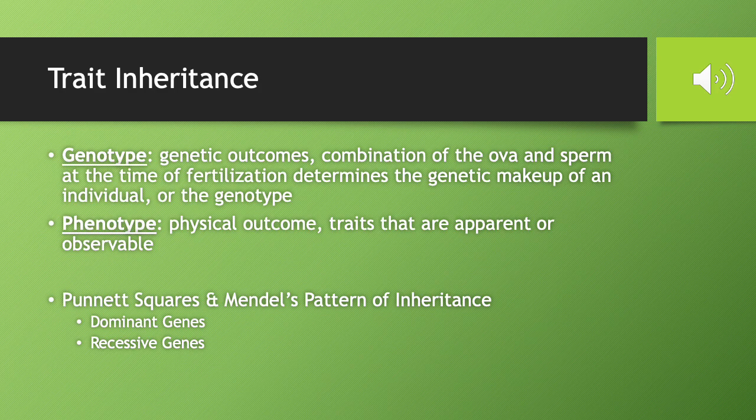So you may have seen a Punnett square before. We're not necessarily going to do them, but just remember that because we're receiving information or chromosomes from one parent or another, they don't always express themselves as a phenotype because one could be a dominant gene versus the other one being a recessive gene.